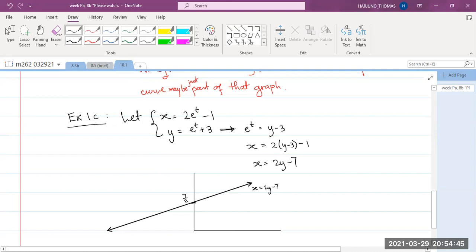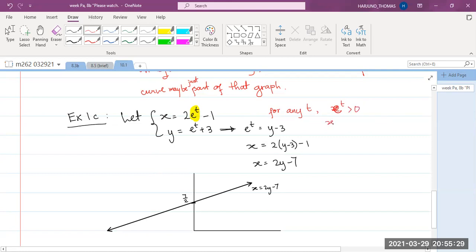Okay, however, if you take a look at the parametric equation, notice what the minimum value is. e to the t has to be positive, right? It cannot even be 0. So for any t, you will see e to the t should be greater than 0.